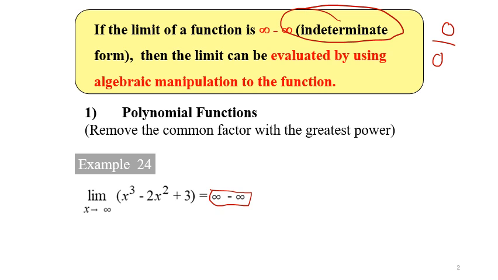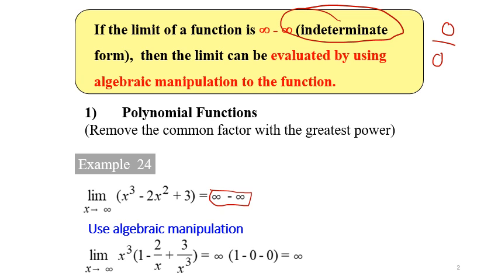So for polynomial function like this, in order to solve the question correctly, what you need to do is we factorize the highest degree of x. As you can see here, the highest degree of x is x cubed.